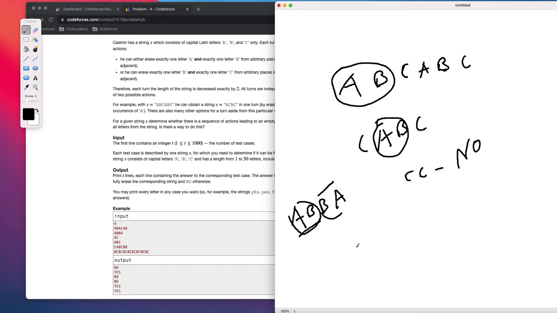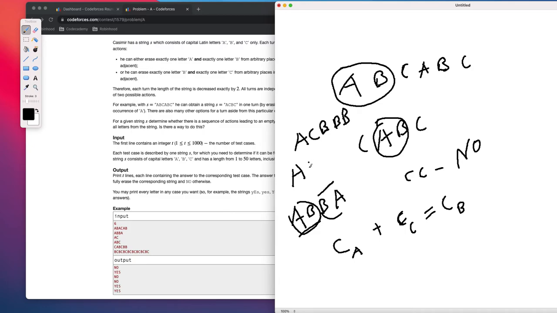So it makes sense that given a string we just count the number of letters. Count of A plus count of C should be equal to count of B. If it's not equal, let's say we have AC but we have 3 B's, it won't work. Having more B's is not helping us.